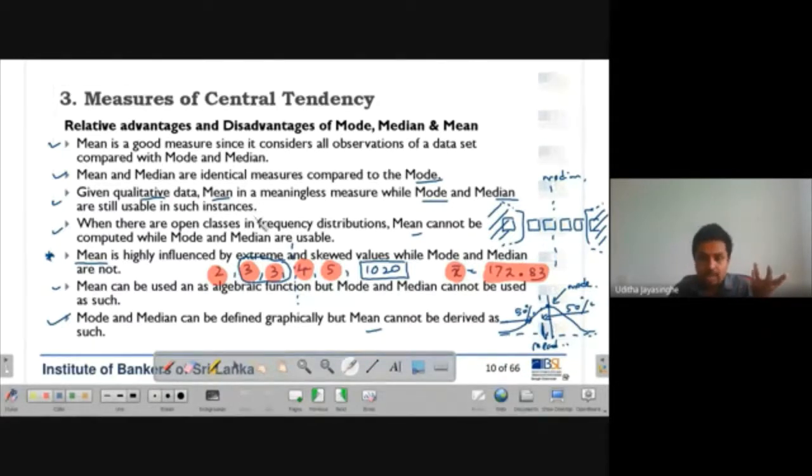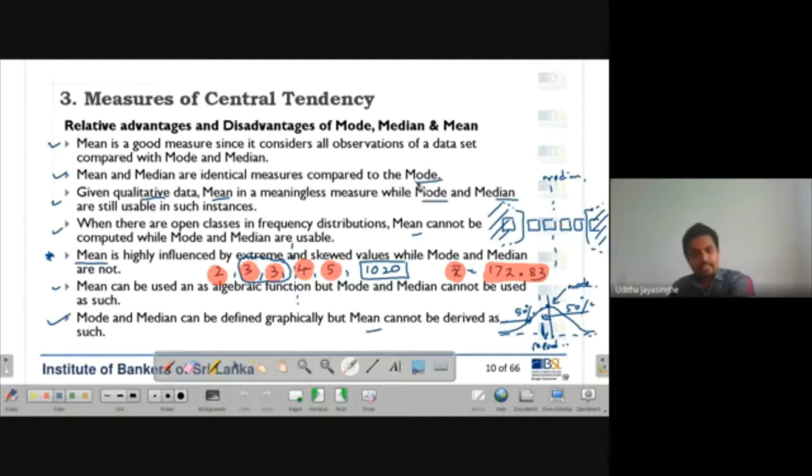What if there is an outlier? Look at the example 2, 3, 4, and 5, and then when you put in 1020, your entire distribution is going to get distorted for the mean. But indicators like mode or median may not be impacted.